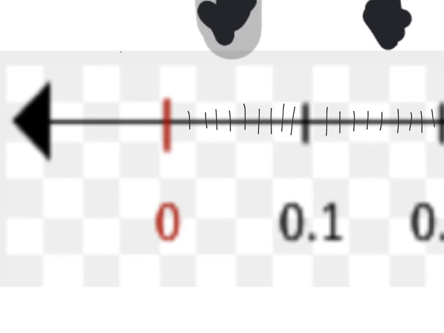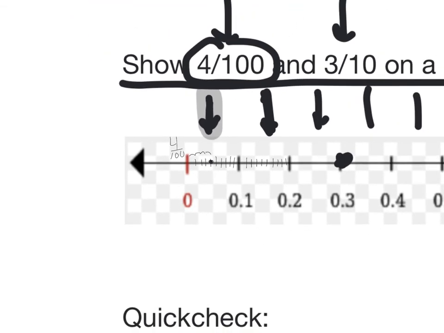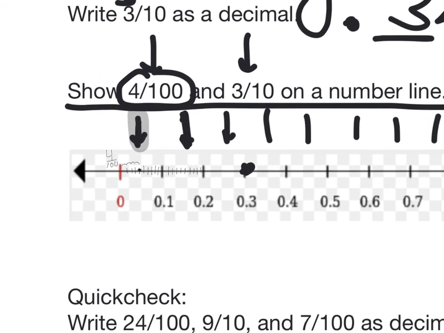And 4/100ths would be the fourth one. So it would be 1, 2, 3, 4. It would be this one right here. So 4/100ths is right there. Let's shrink it back down, see where it ended up. Okay.